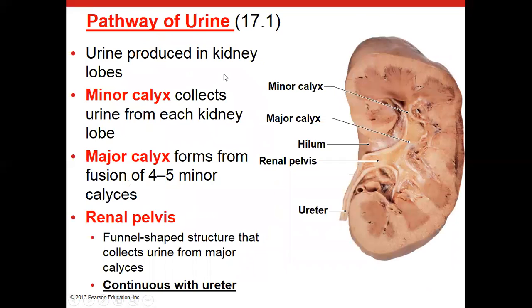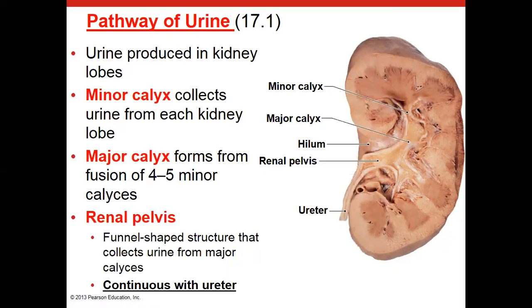The pathway of urine occurs from the renal pyramid to the renal papillae and then into a minor calyx, which basically collects urine from each renal pyramid. Minor calyces merge into major calyces, and then major calyces merge into the renal pelvis, which is connected with the ureter.